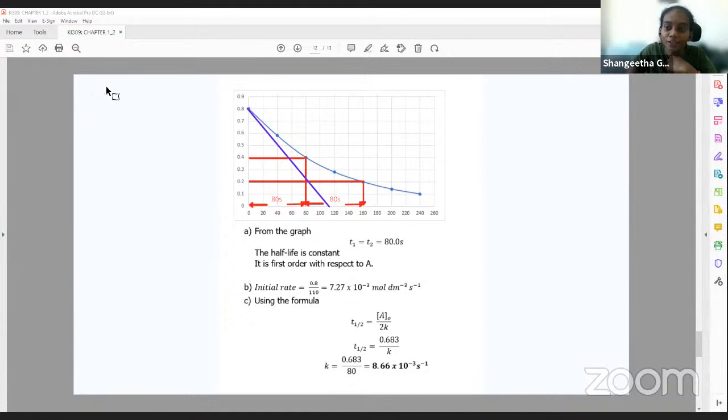Then 0.5 divided by 2 is 0.25, and you draw a line to 0.25 and drop down. Then you will see that the time T1 and time T2 are the same or almost the same, then it becomes a first order reaction. That's what you're supposed to do.